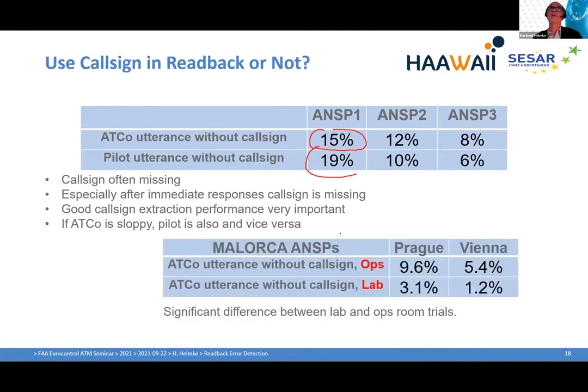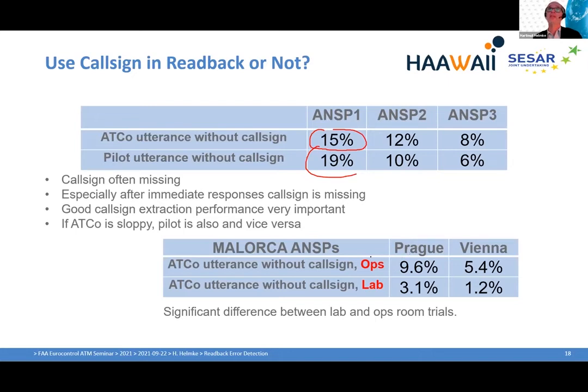We have the same results, a little bit more data from a previous project, which ended 2016. There we only had data from ATCOs. For Prague, 10% of the utterances do not contain the call sign.